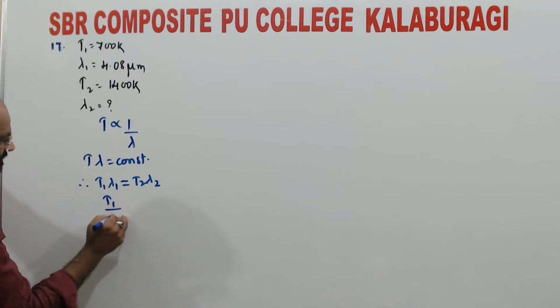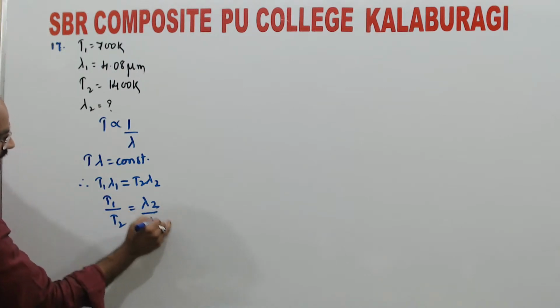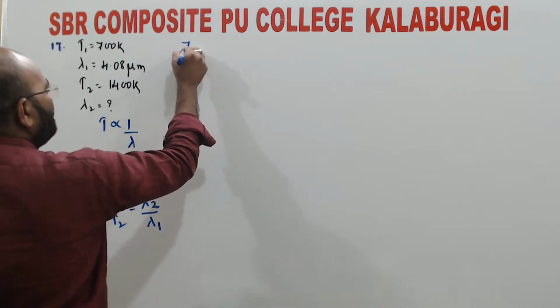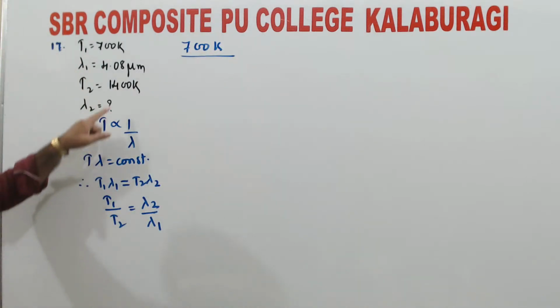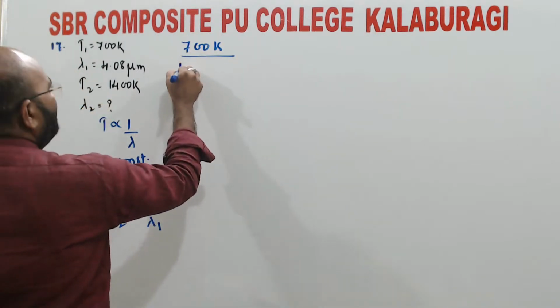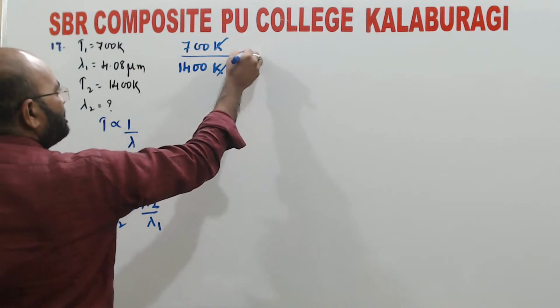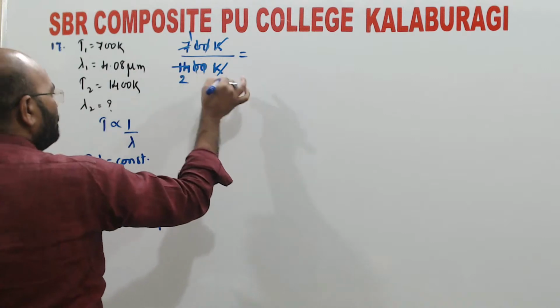We get T1 by T2 is equal to lambda 2 by lambda 1. T1 is given 700 Kelvin divided by T2 given 1400 Kelvin. Kelvin cancels. Two zeros will be cancelled. 7 ones are 7, 7 twos are 14.